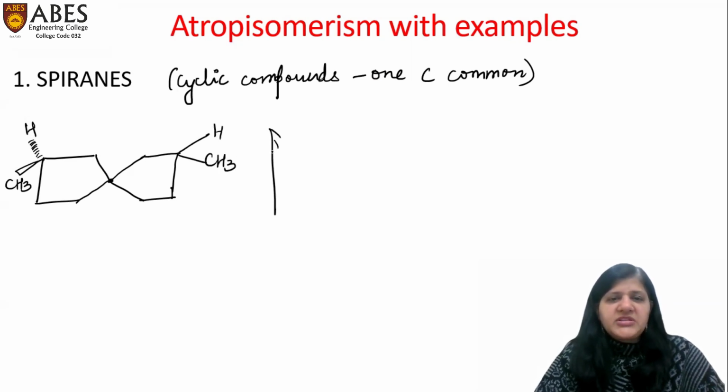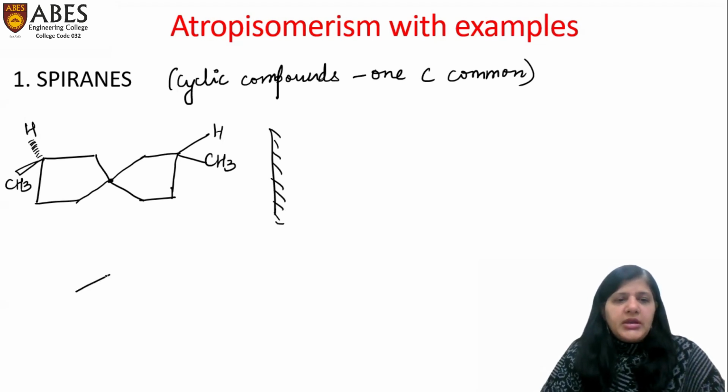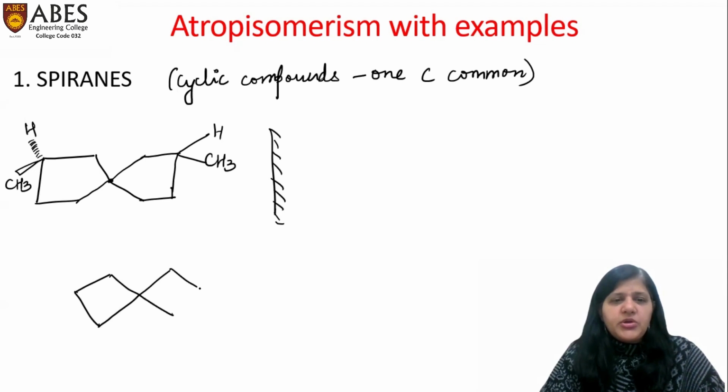The mirror image of this compound is optically active. Another example is this ring having one carbon common. This is the common carbon. This molecule also shows optical activity without chirality because the molecule has complete asymmetry.